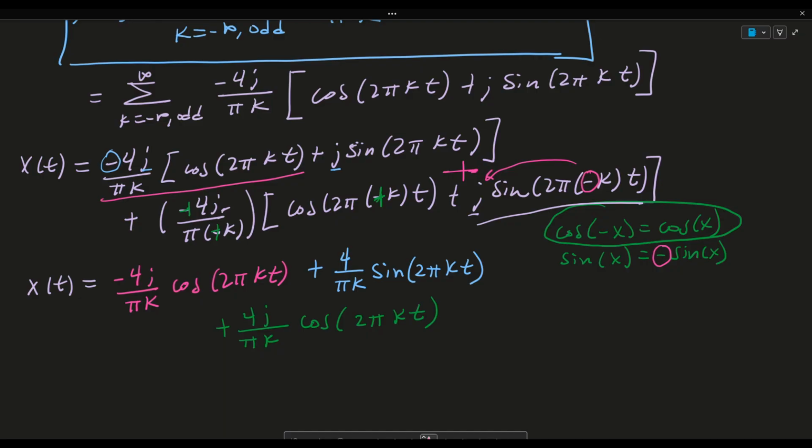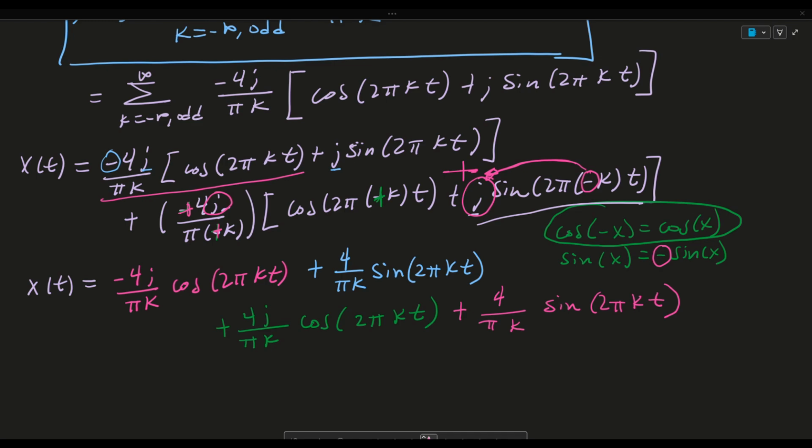I hope that makes sense. Again, it's this j, this negative comes out. So negative times a negative is a positive. And obviously these are just pluses here. So then this becomes plus 4 over pi k sine 2 pi kt.